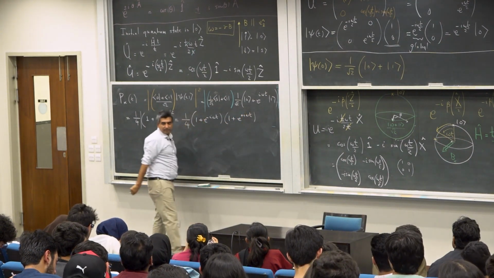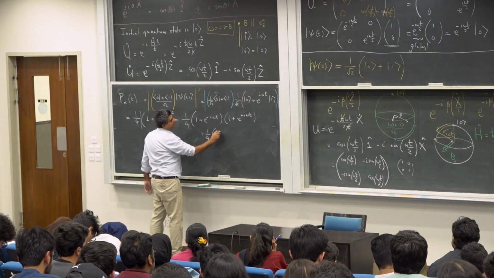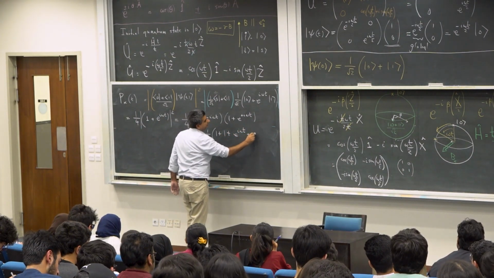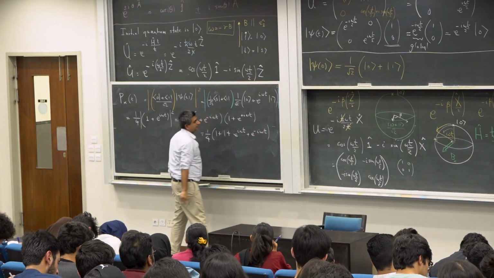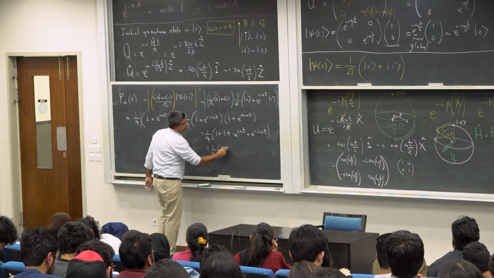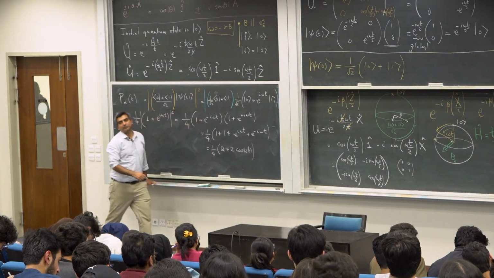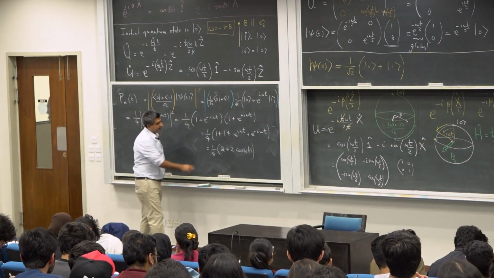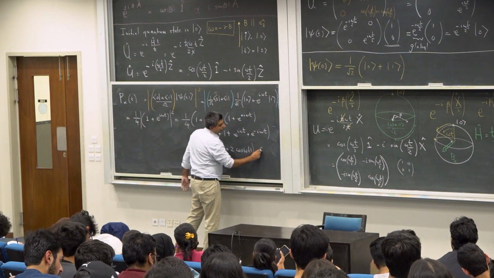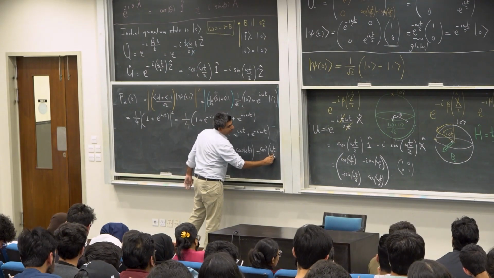This is how you find it. So this turns out to be 1 by 4, 1 plus e to the i omega t plus e to the minus i omega t. This is 1 by 4, 2 plus 2 cosine omega t. Now, this is 1 plus cosine omega t over 2, which is cosine square of omega t over 2.